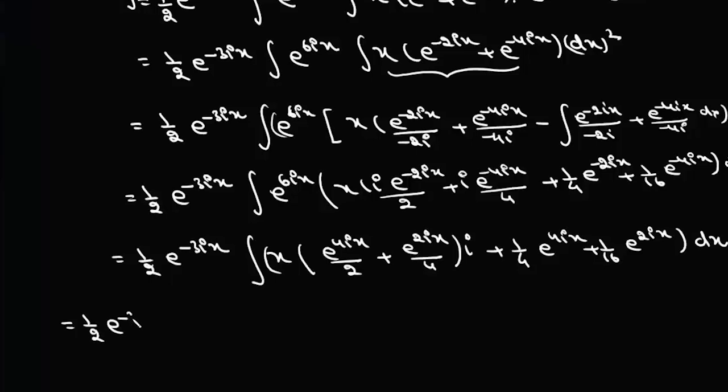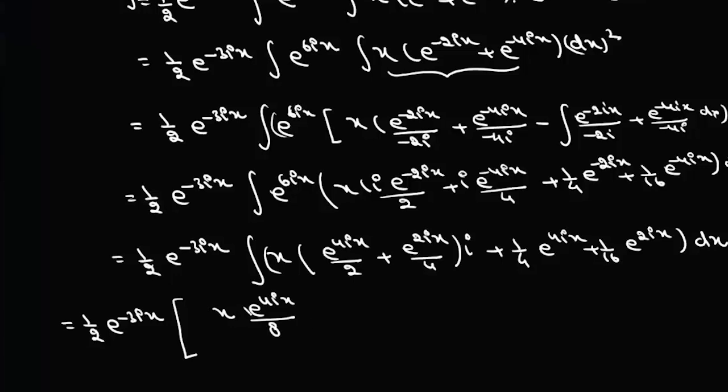so we get 1 by 2 e to the power minus 3ix, and here it will be x as it is, and then e to the power 4ix upon 8i.